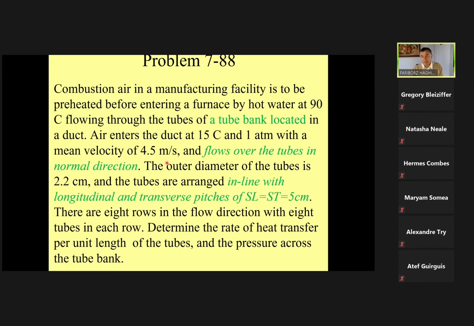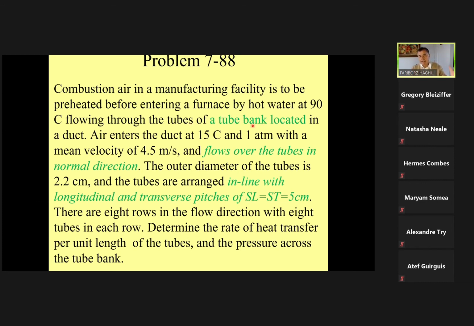Look at another application, just to show you what we are going to study. Combustion air in a manufacturing facility is to be preheated before entering a furnace by hot water at 90 degrees through a tube. Therefore, we have a tube heat exchanger, a series of them.